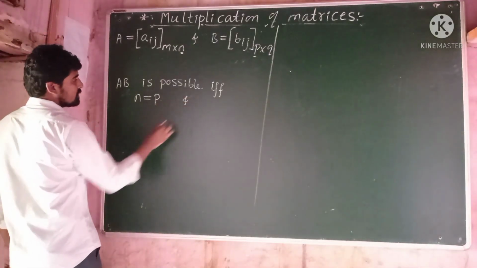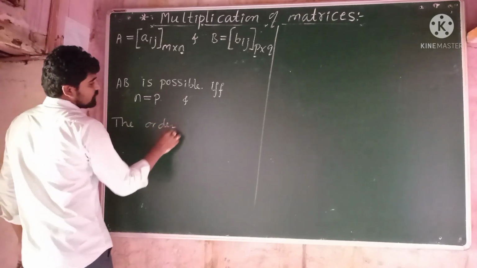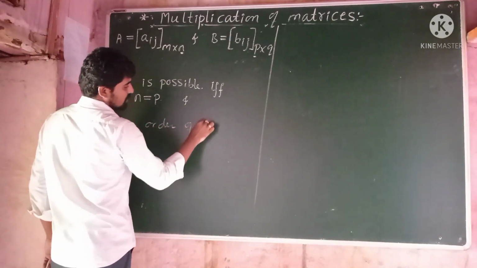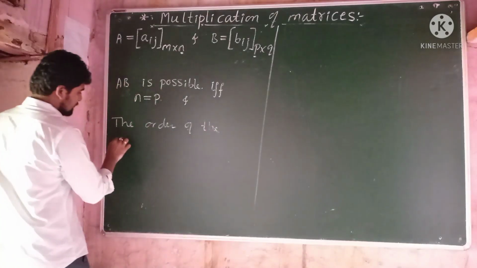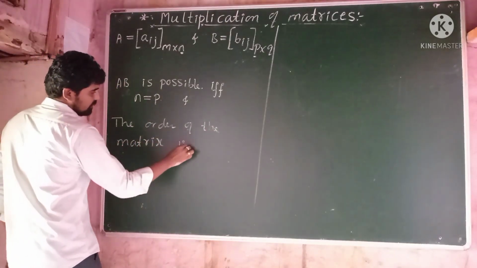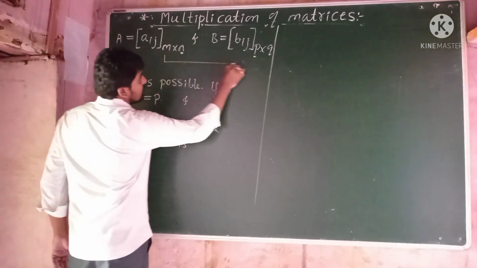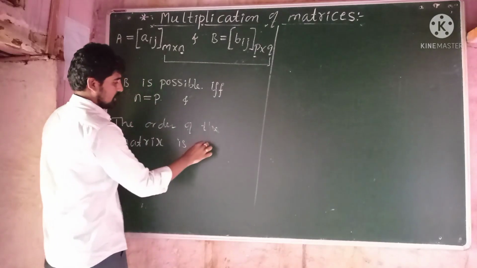And the order of the matrix AB is m cross q.